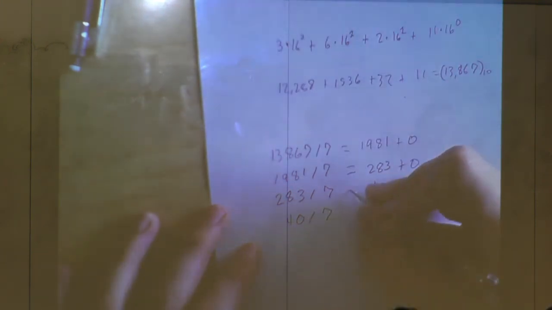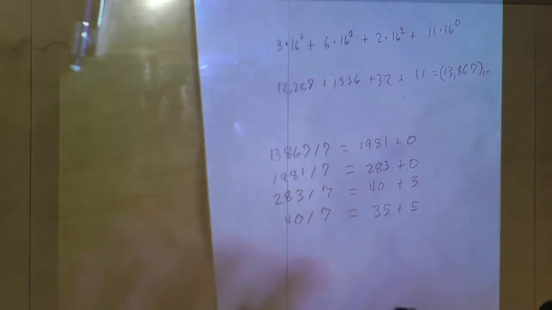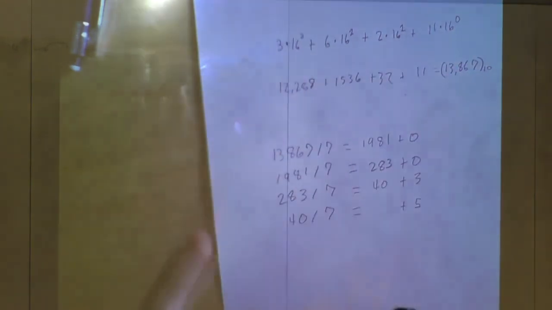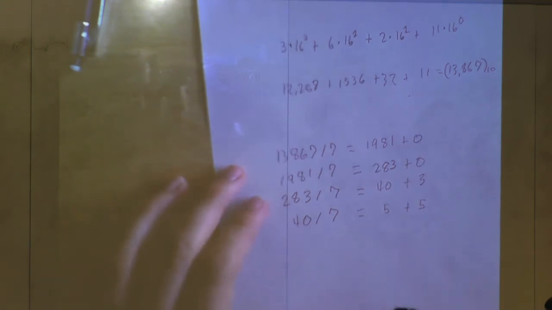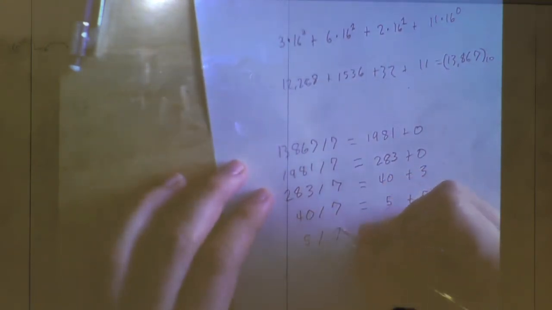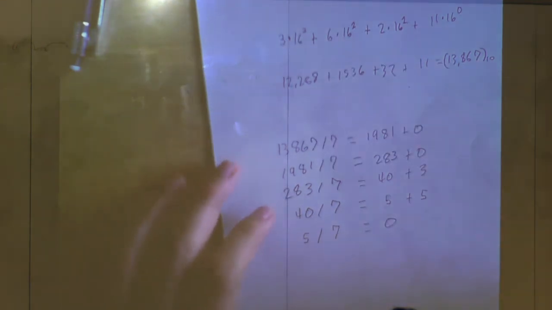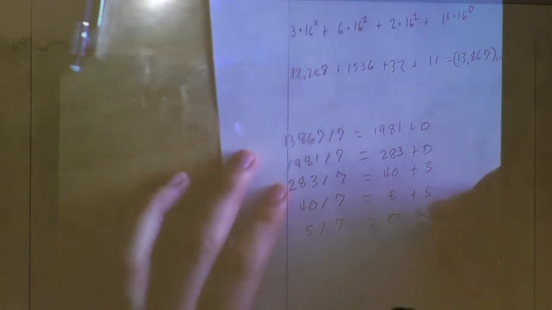So we'll have 5 plus 5. Right, because 5 times 7 is 35, plus 5 is 40. Okay. And then from there, we'll have 5, and then it'll go in 0 times with a remainder of 5, sorry.